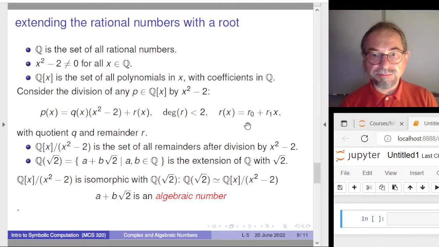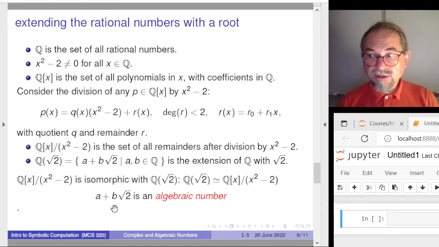It's an algebraic number because the extra symbol, the square root of 2, is actually a symbol. That symbol is used to define the number. And we have a and b that are two rational numbers.